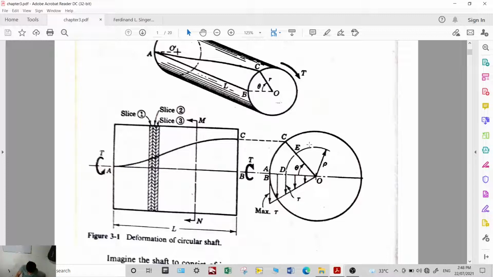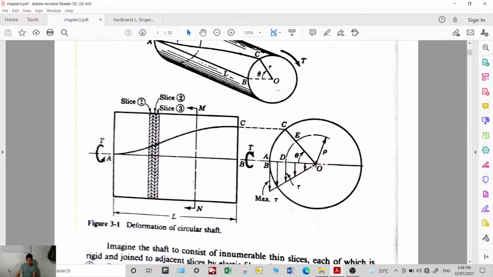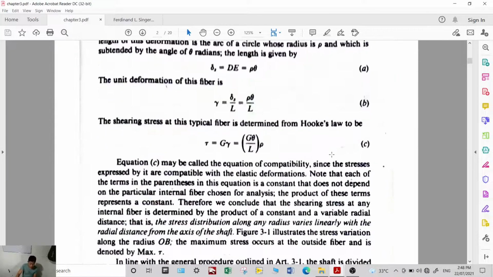Causing a total deformation of delta S equal to DE. Ang deformation sa fiber, mao ni kadako, arc length DE. The length of this deformation is the arc of a circle whose radius is rho.